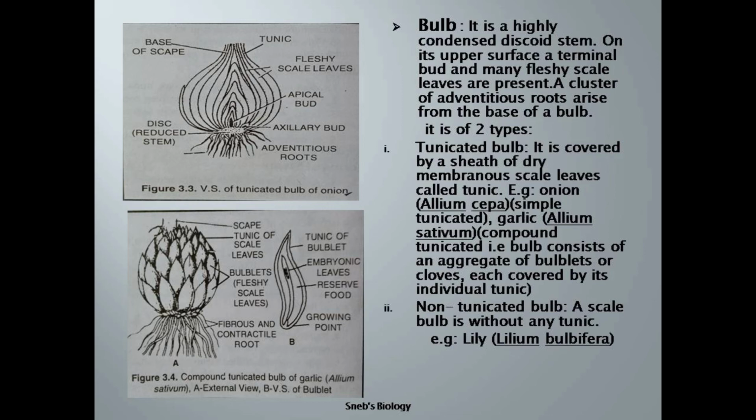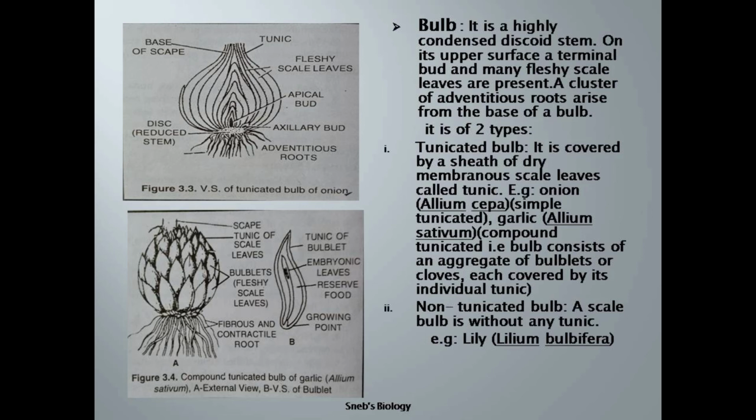Tunicated bulb is divided into two types, simple tunicated and compound tunicated. The simple tunicated bulb is found in onion. Here the stem is compact disc type and adventitious roots arise from it. Because it is a stem, it has nodes and internodes.